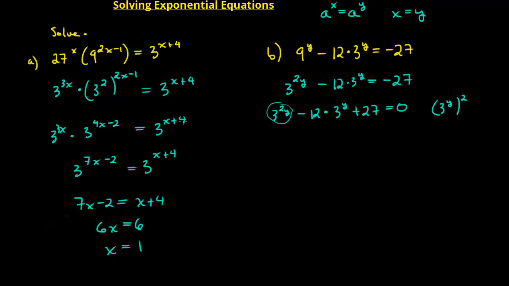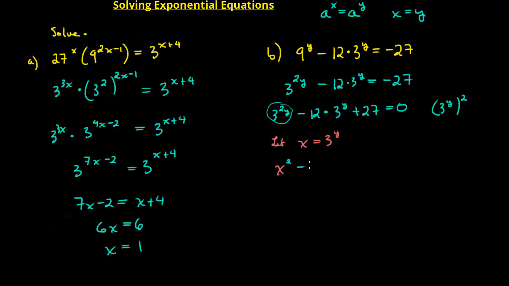We can say let x be equal to 3 to the power of y. And now everywhere I had 3 to the power of y, I can replace it with x. So now instead of 3 to the y squared, I'll have x squared.